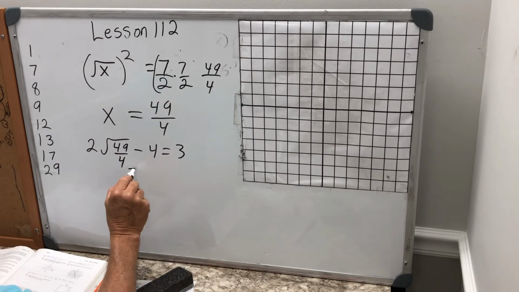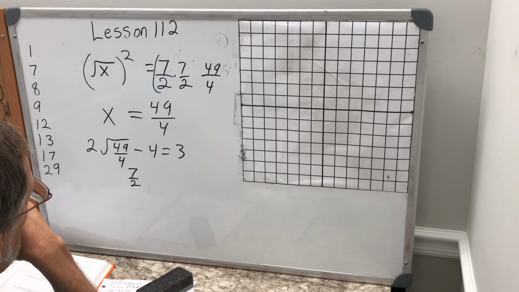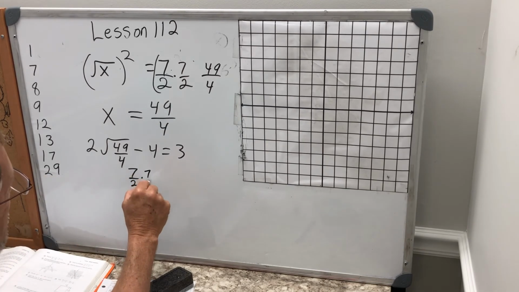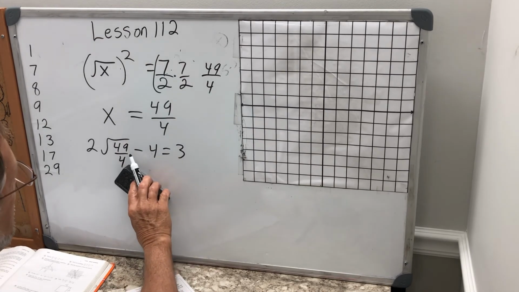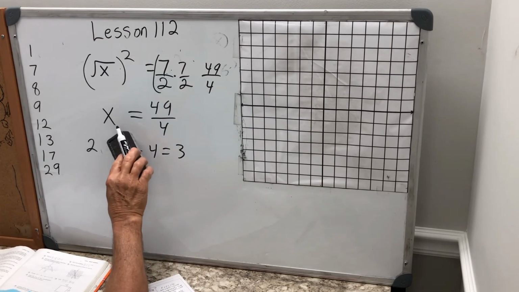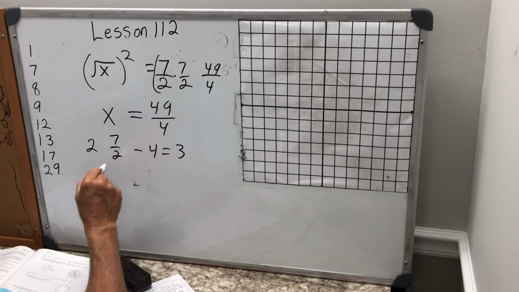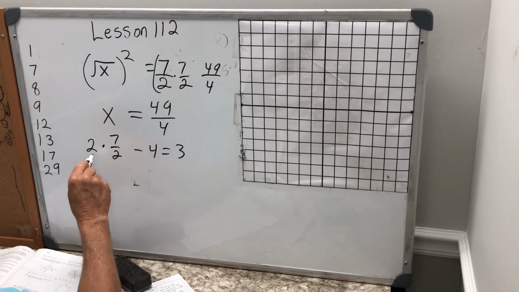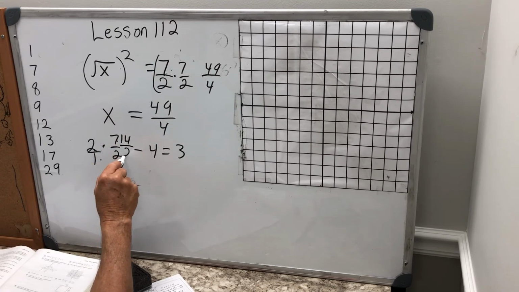If you remember, 7 over 2 times 7 over 2 equals 49 over 4. So the square root of 49 over 4 is a 7 over 2. That removes our square root. So we have a 7 over 2. And remember, this is a multiplication, so we multiply this. 2 times 7 is 14, and 1 times 2 is 2.